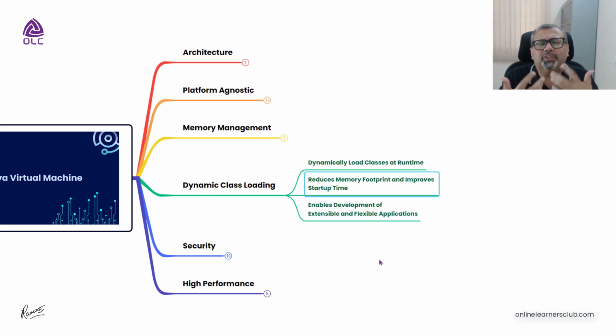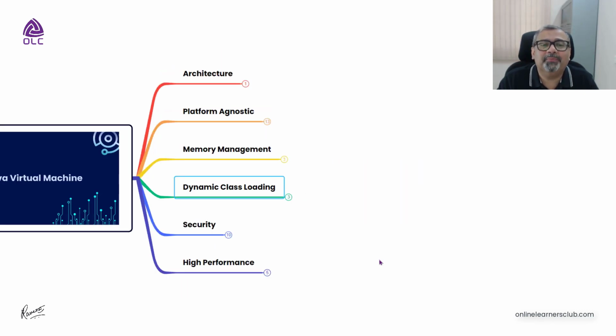On a server side, yes, you may have a lot of memory, but on devices like a smartwatch where Java is running, you may have very limited memory. So in that case, it is more important that we efficiently utilize the memory. For these kinds of places, dynamic class loading becomes helpful, and JVM is responsible for dynamic loading, which enables extensible and flexible applications as well, which is another important feature of Java application programming.